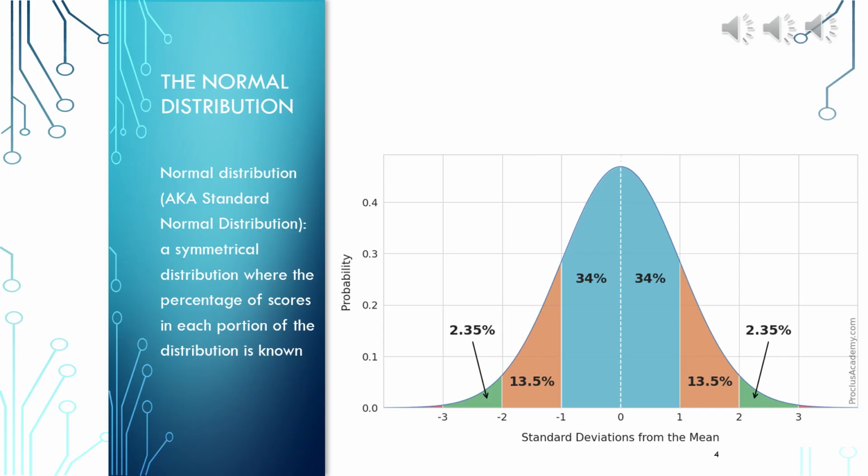So there's something different about the standard normal distribution compared to other types of z distributions. Because again, these are essentially made up of a bunch of different z-scores. That's why the x-axis is in units of standard deviations from the mean.